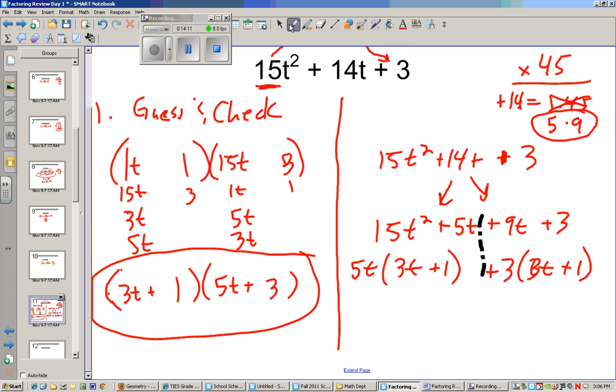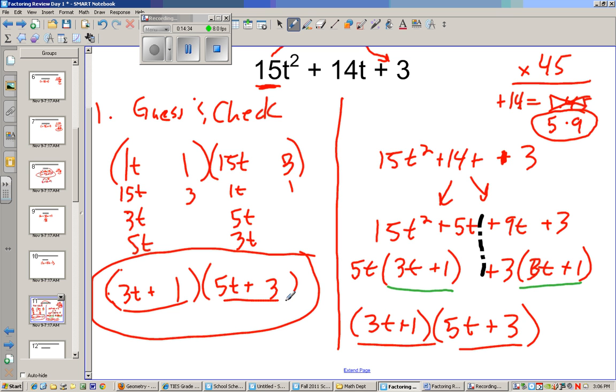Now from here, I can factor out a 3t plus 1. If I factor out a 3t plus 1 from both of these sides, I have a 3t plus 1 on the outside. And if I cover this up and cover this up, what's left over is a 5t plus 3. And look at that, the answer is the same answer that we have over here.